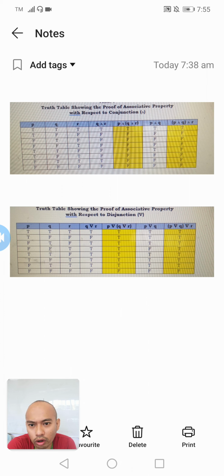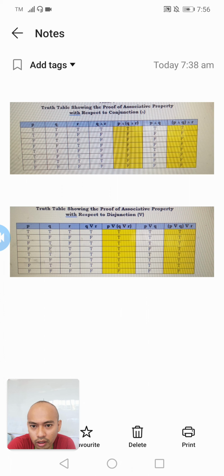For the third one, we have true for Q and false for R. The truth value in this case, since we are talking about disjunction, is true, since one is true in that particular compound statement. For the fourth one, we have F T.